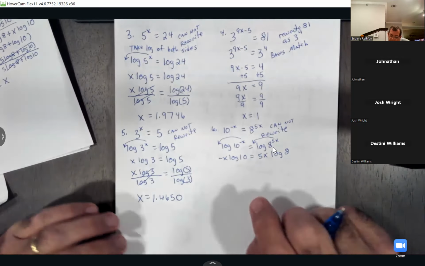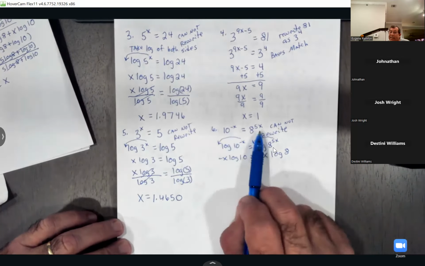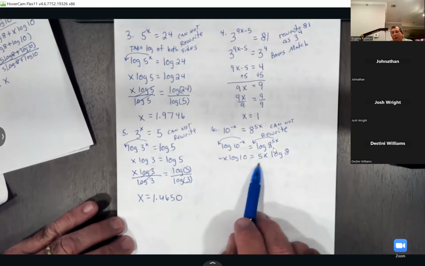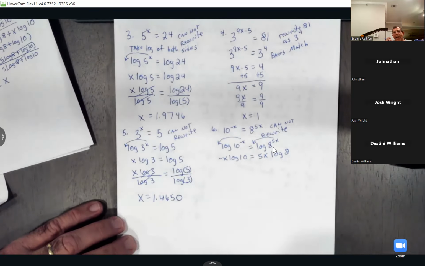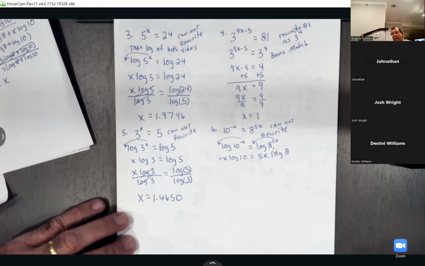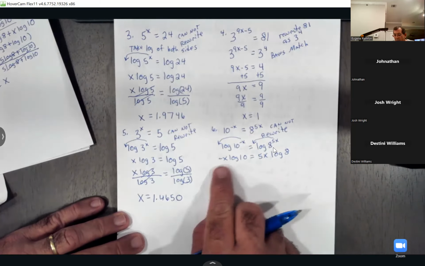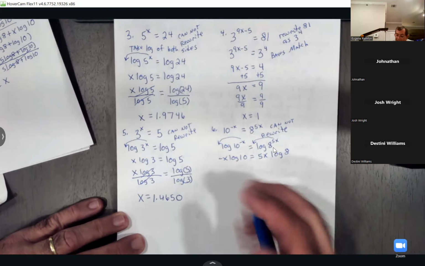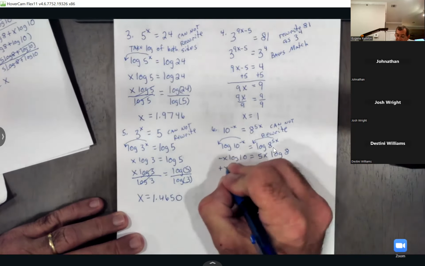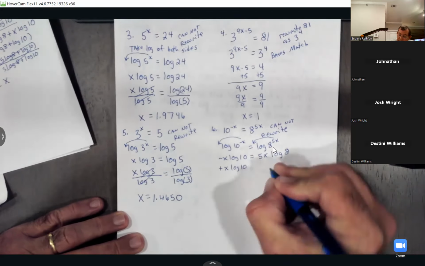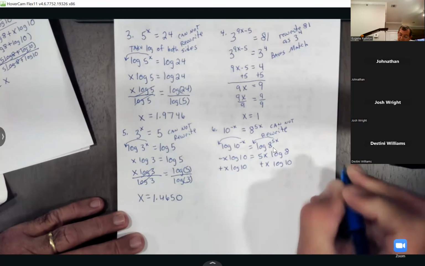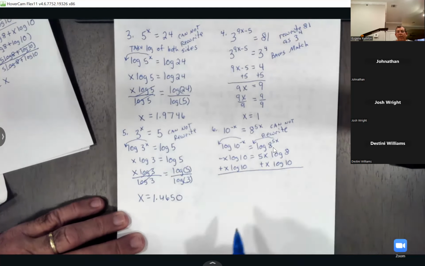So y'all, where this one gets sort of tricky is because I got these x's on both sides here. And to solve that for the x, I need all my x's on one side. So the first move we're going to do here, we're going to add x log 10 to both sides so that we can move this over. So look at this.